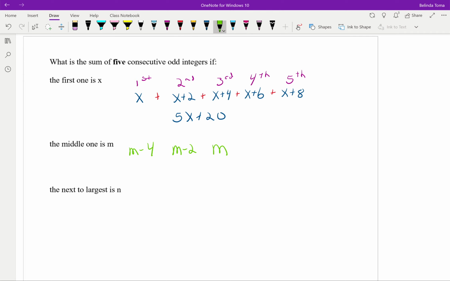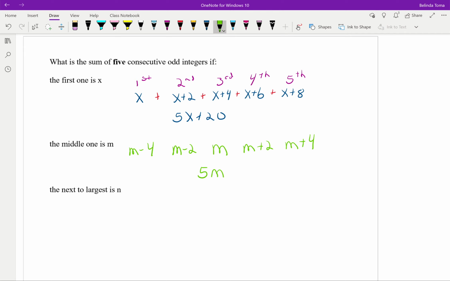And then going the other way, as I get bigger, I'm going to add 2 and add 4. So if I were to express the middle one and the sum of those, then when I add my like terms, I get 5m, but my constants cancel. And so I'm just left with 5m for the sum.